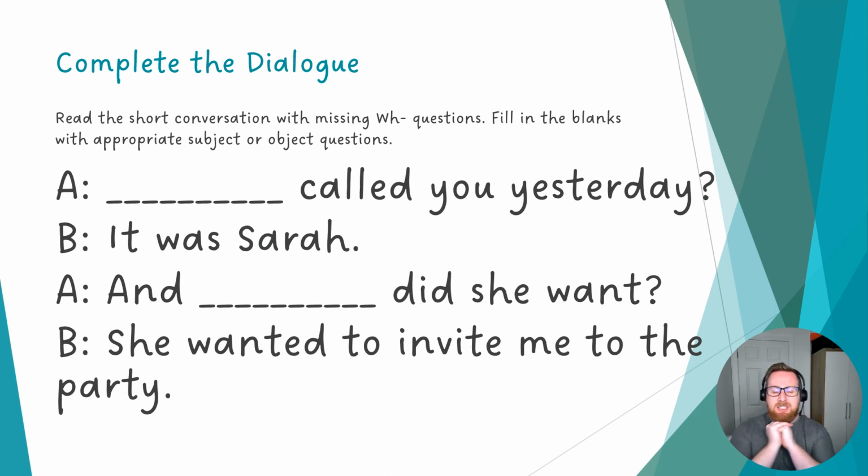Let's complete these dialogues. We have some short conversations, and I want us to find the best WH question. What do we put in this blank here? Called you yesterday. And the answer was, it was Sarah. What could we put in this gap?